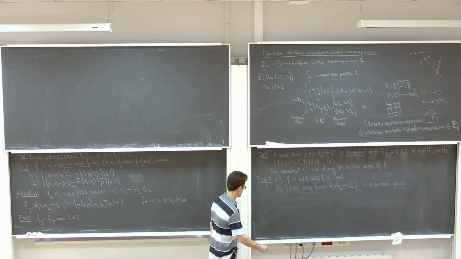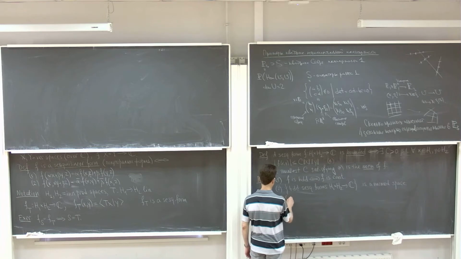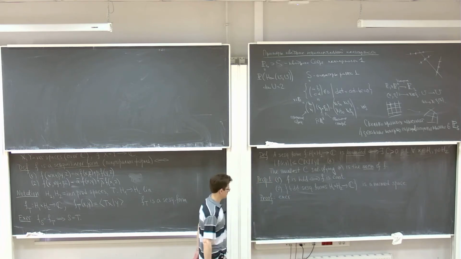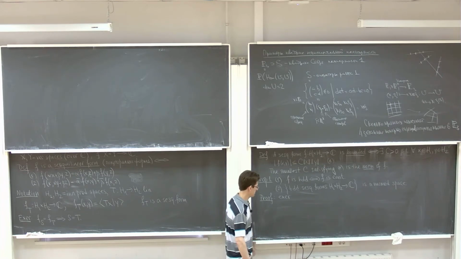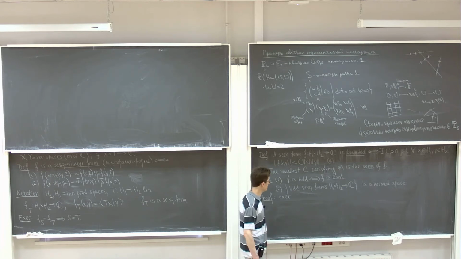The proof is pretty much the same as in the case of linear operators. So this is an exercise for you. Just recall the standard proof of the respective result for linear operators and observe that a similar proof holds in the case of sesquilinear forms.